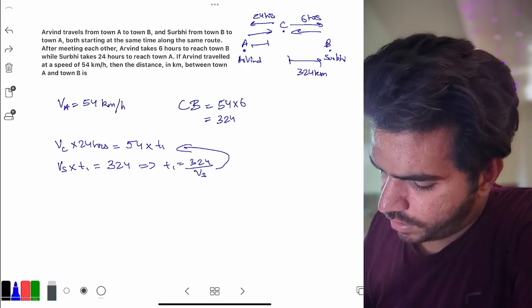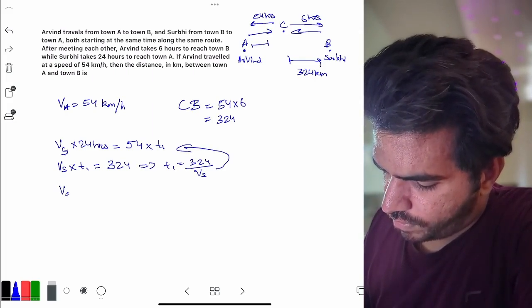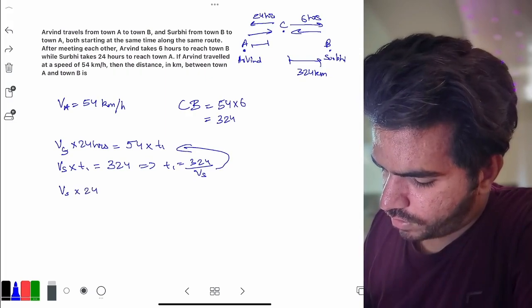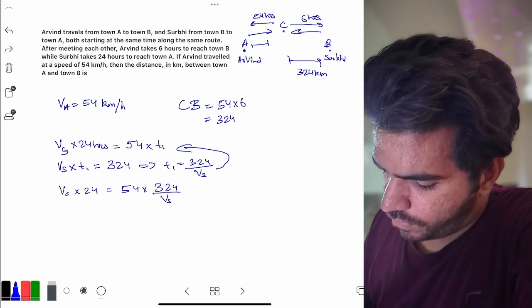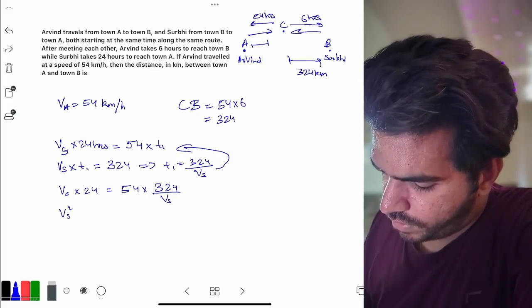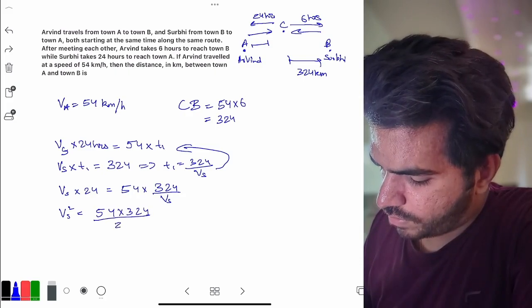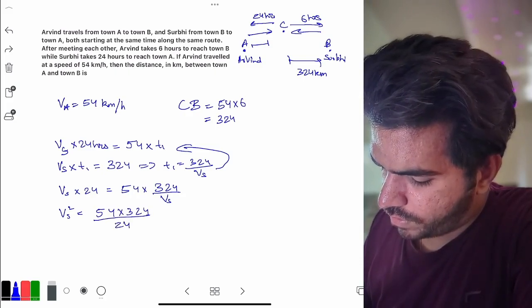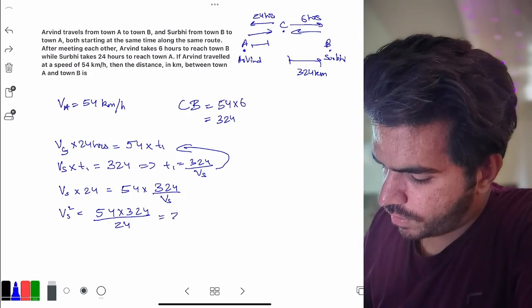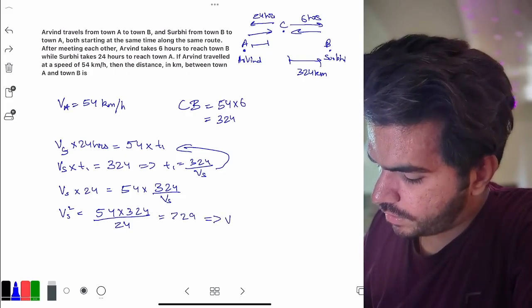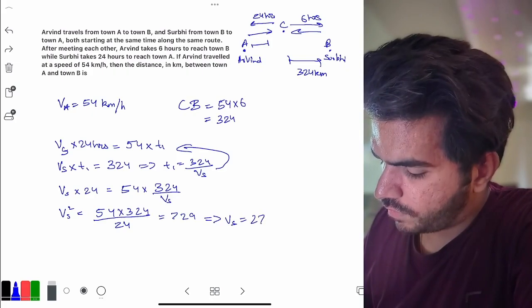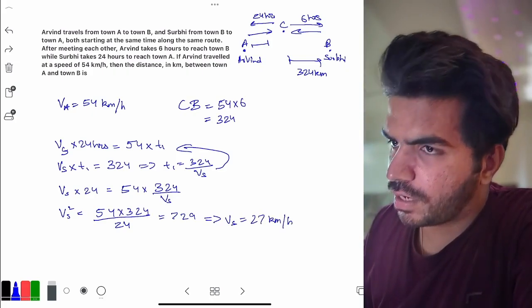We put it here: velocity of Surbhi into 24 hours is equal to 54 into 324 by speed of Surbhi. Vs square is equal to 54 into 324 by 24, which is equal to 729, which implies the velocity of Surbhi was 27 kilometers per hour.